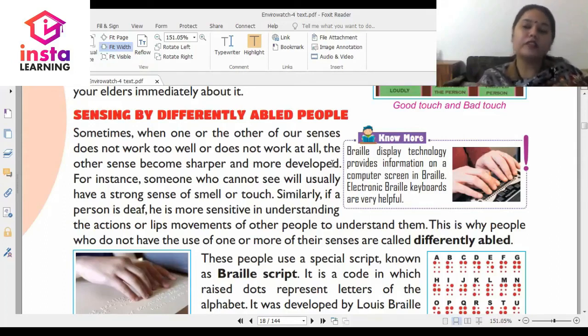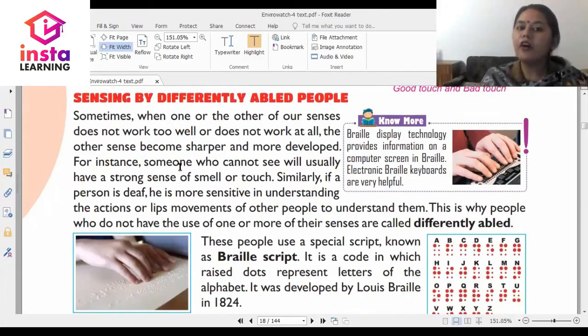Very often you would have seen, this person is blind, but is very sharp in a particular skill. For instance, someone who cannot see will usually have a strong sense of smell or touch.